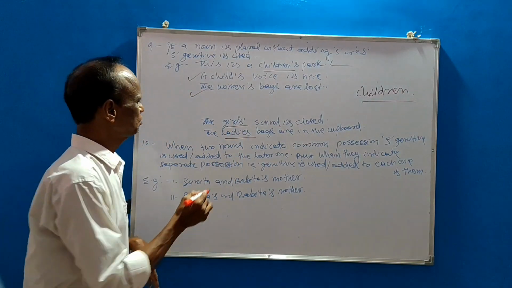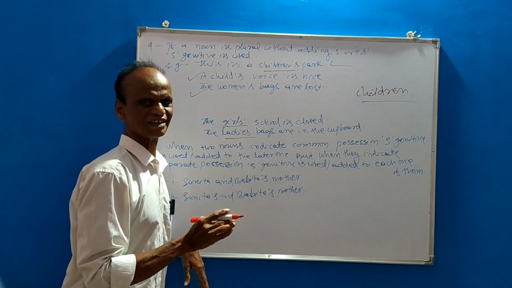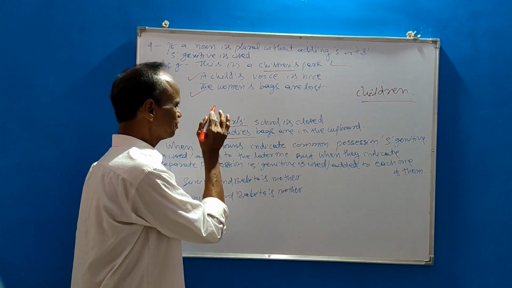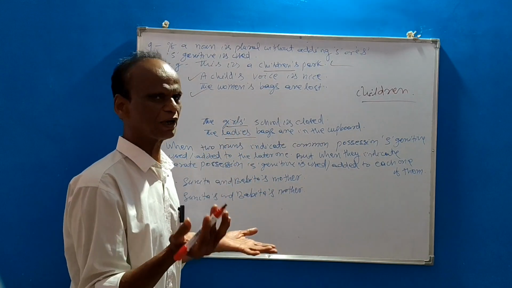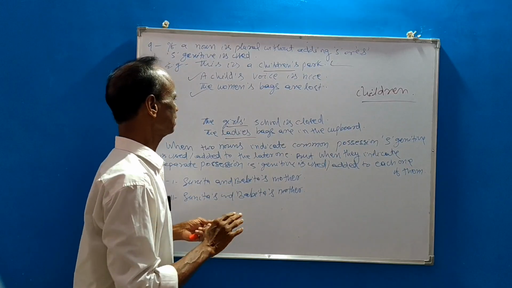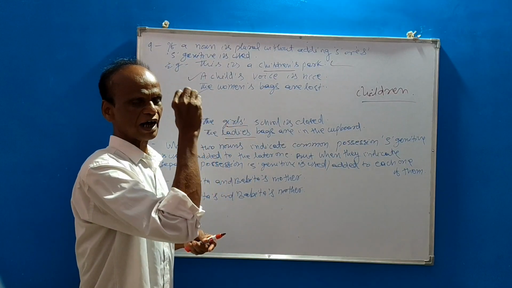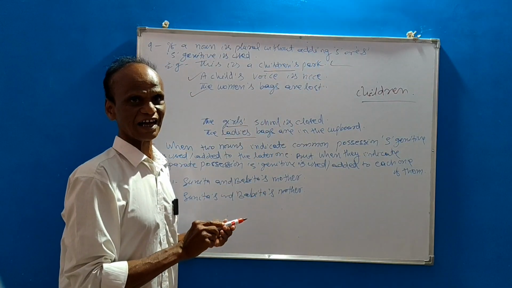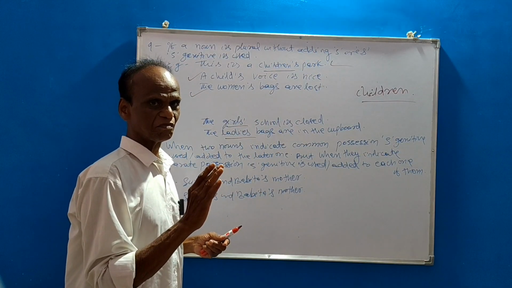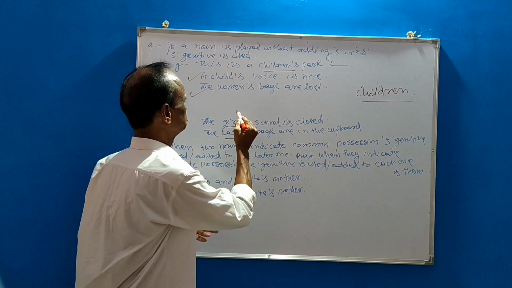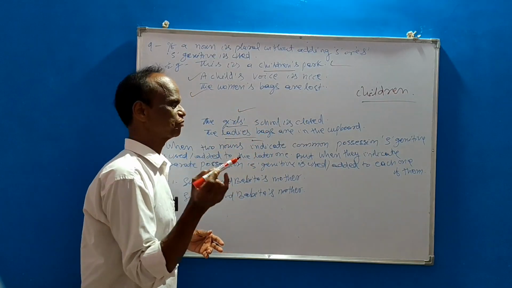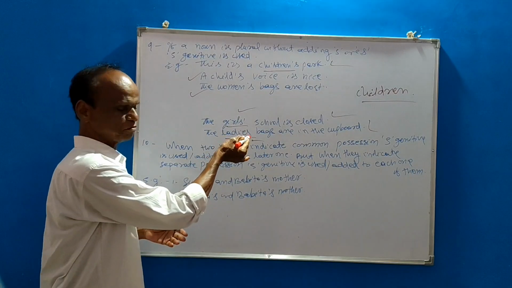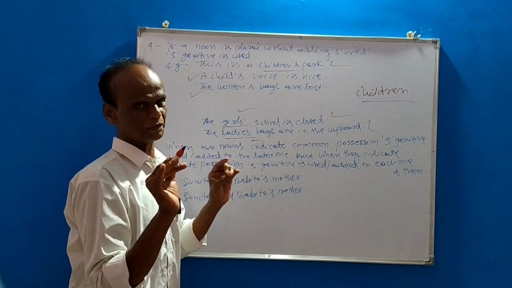Because S is added in that noun to make the plural number. So when a noun has S or ES added, at that time only an apostrophe is used, not S genitive form. Okay? It is correct. It mainly comes in competitive examinations.